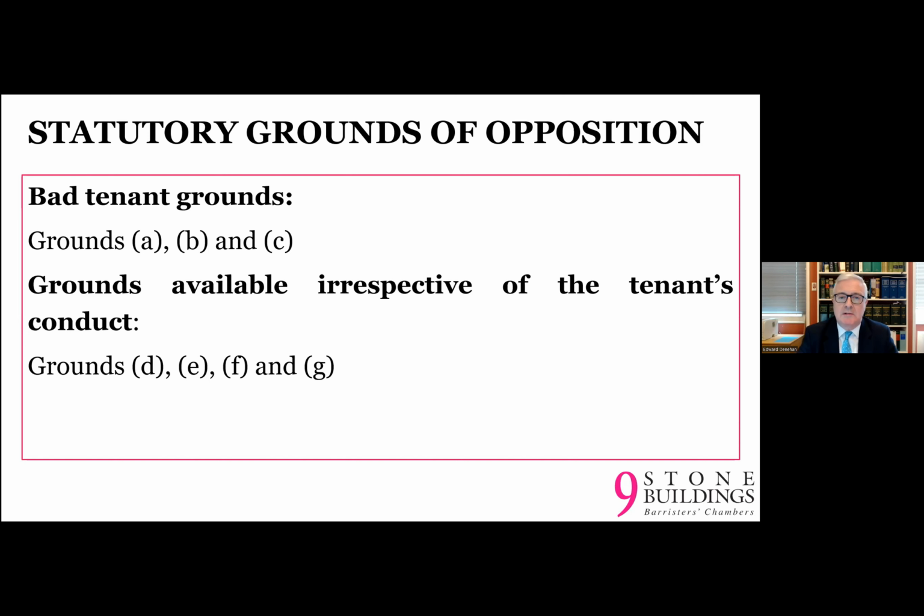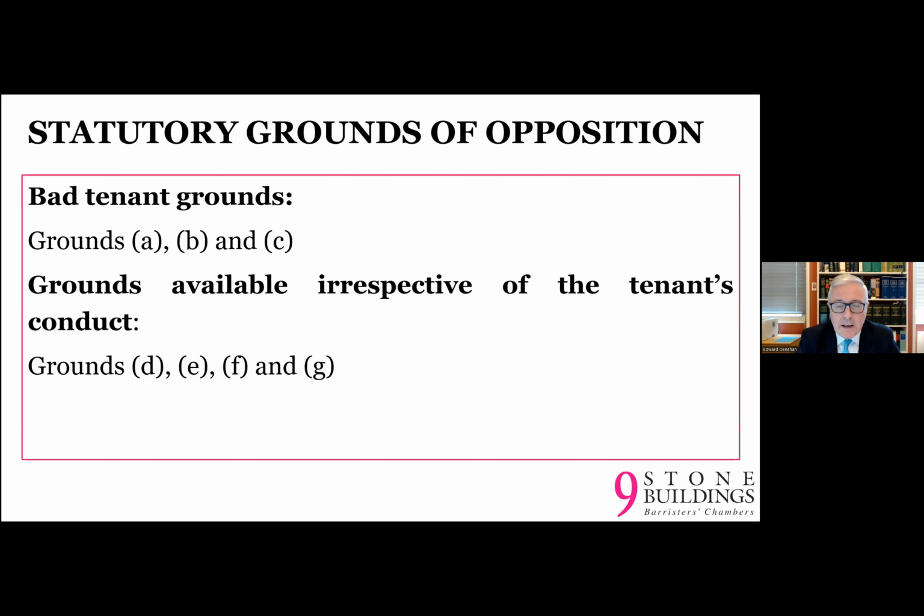If the tenant doesn't pay its rent, the landlord can sue for the money and get it, or forfeit the lease if the relevant tenancy agreement or lease contains a proviso for re-entry. Equally, if the tenant is in breach of its repairing obligations or in breach of some other obligations under the lease.